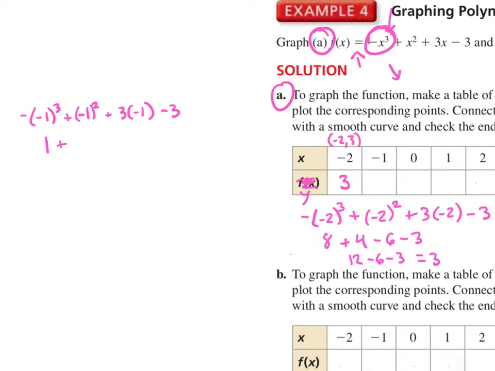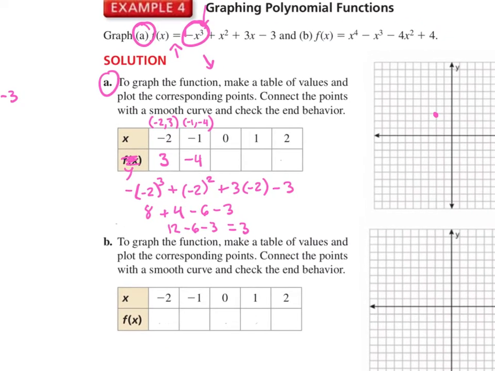Negative 1 squared is positive 1. 3 times negative 1 is negative 3, minus 3. So this is 2 minus 6, which is negative 4. So when we plug in negative 1, we get negative 4. That means our second point is negative 1, negative 4. So we go to our graph, go to the left 1, and down 4.